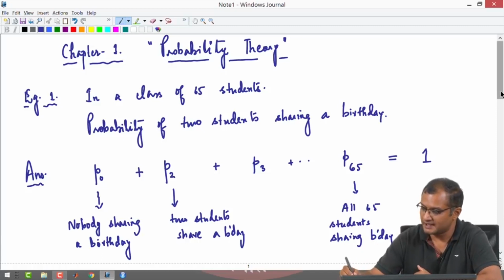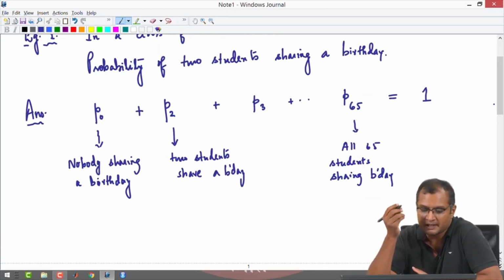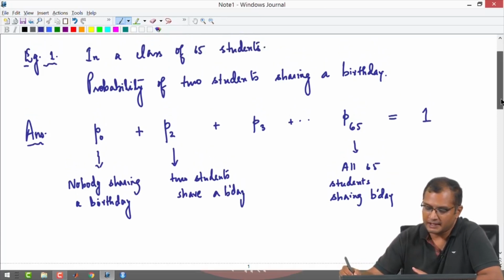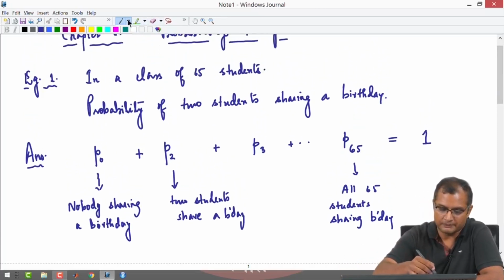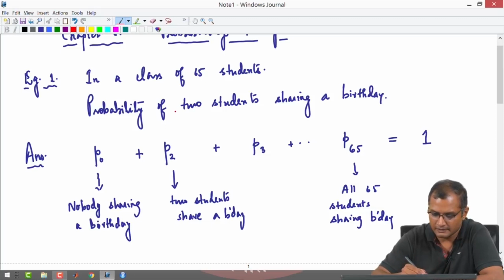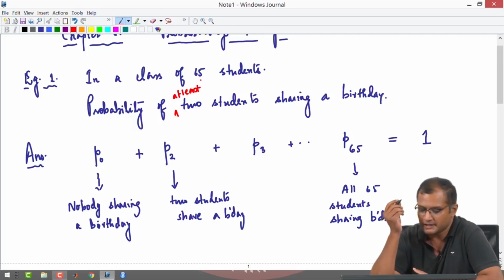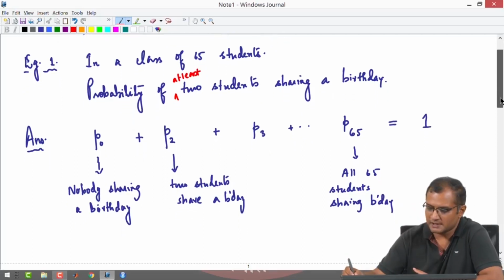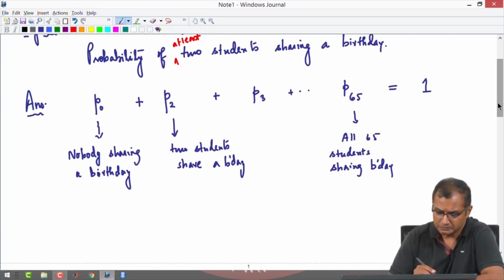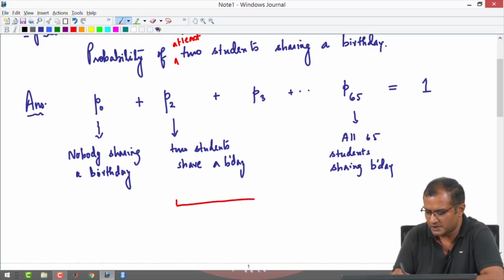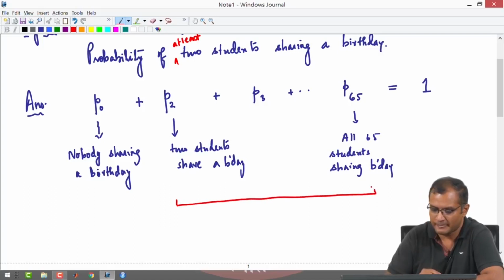What is asked is basically the probability that at least 2 students, I should slightly correct my question. If the question is at least 2 students sharing a birthday, that is basically the sum of all these P2, P3 up to P65. Okay.